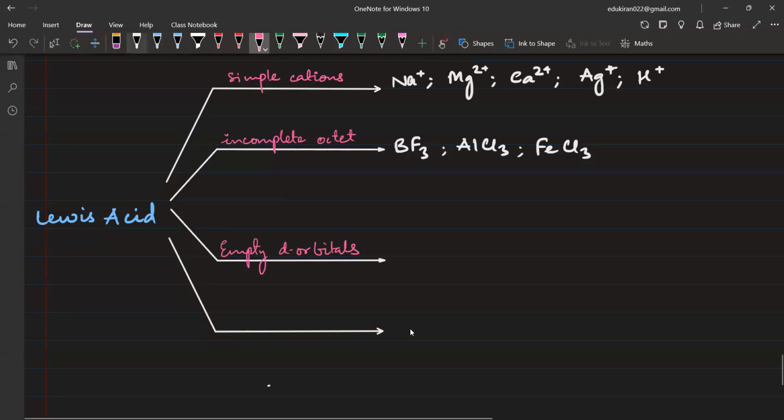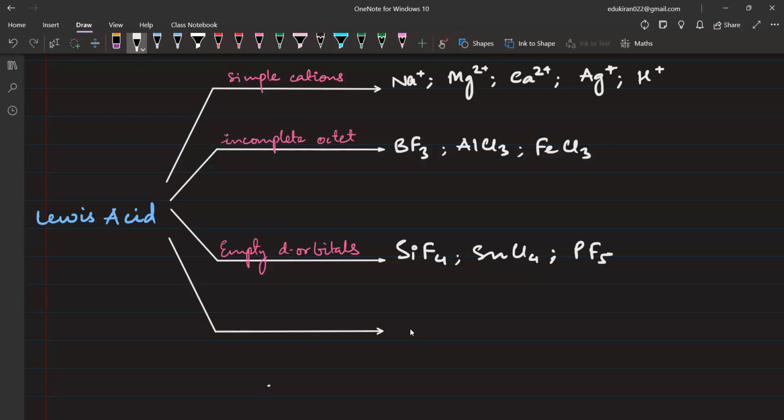These are cases when you have SiF4. So elements that are after the second period and they are having d orbitals which are vacant. Similarly, you have SnCl4, you have PF5, like all the 3d orbitals, they are vacant. So these can also accept electron.